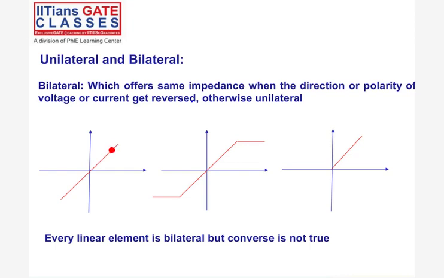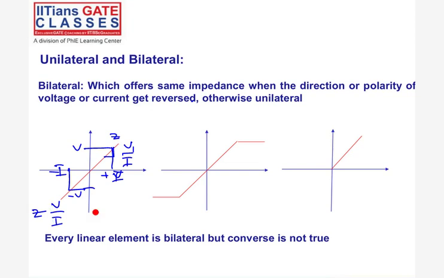If we take plus V and plus I, the slope will be V by I. Here, if I see, this is minus V and minus I, so this will be V by I, the impedance or resistance. If the magnitude of V by I here and here is the same, with the directions, then you can call it a bilateral element.